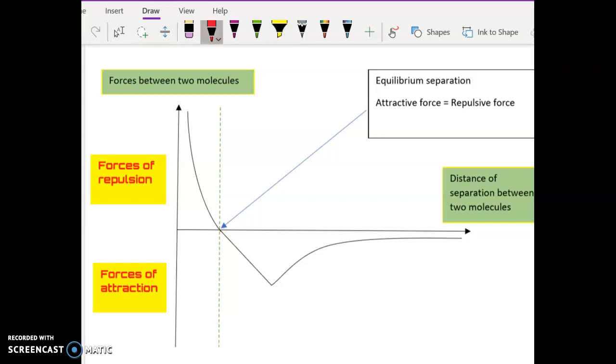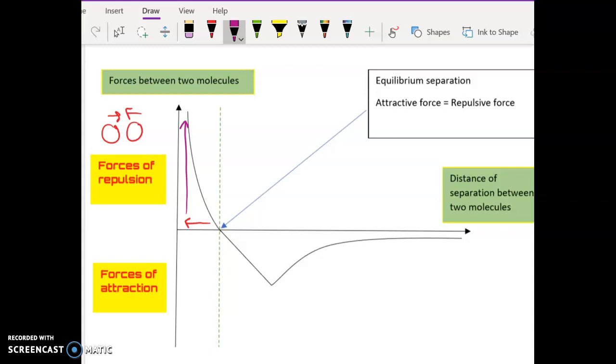But what happens if we compress the object? The separation between the atoms will decrease. And what happens to the forces of repulsion? From the graph, you can see that the forces of repulsion will increase as the distance between the atoms decreases.